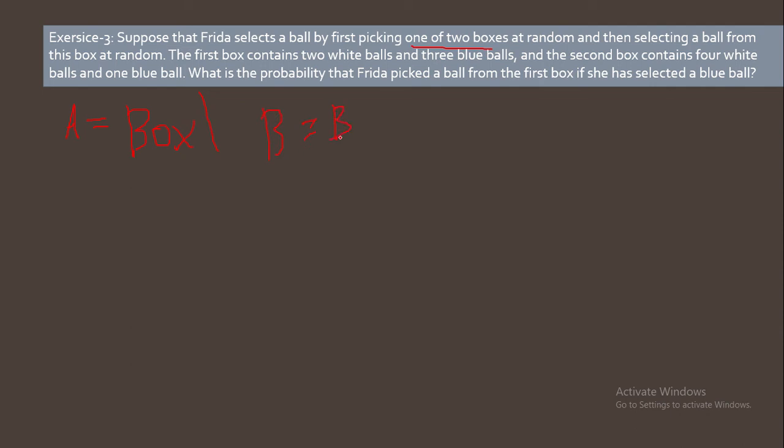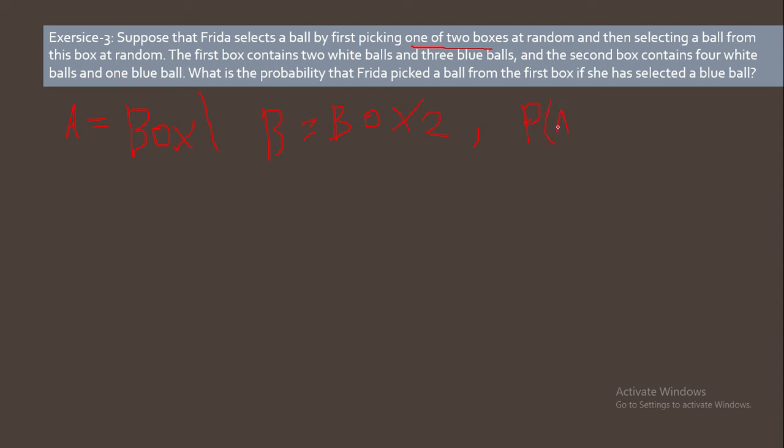And it is said that we select the boxes randomly. So we can say that the probability of selecting box 1 is equal to probability of selecting box 2, which is 1 by 2.